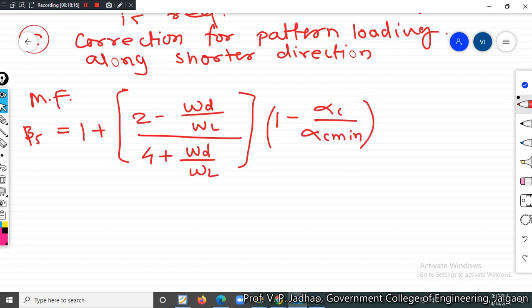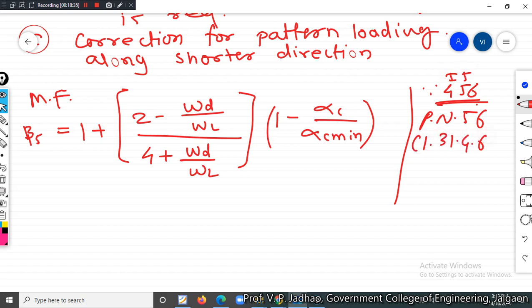Alpha c is the earlier value we have calculated, and alpha c minimum is the value we just calculated. The reference for this formula is IS 456, page number 56, clause number 31.4.6.